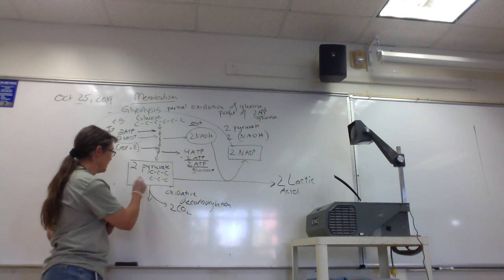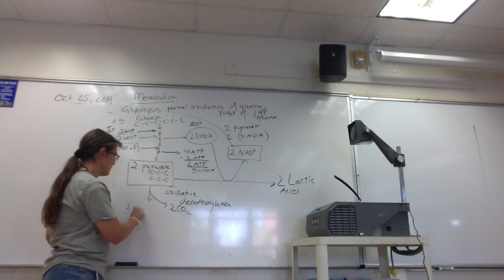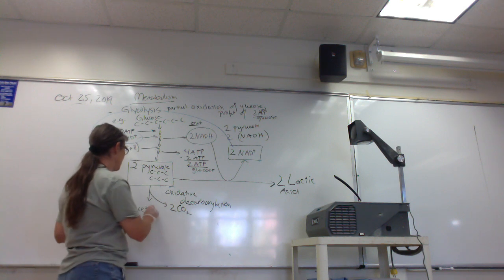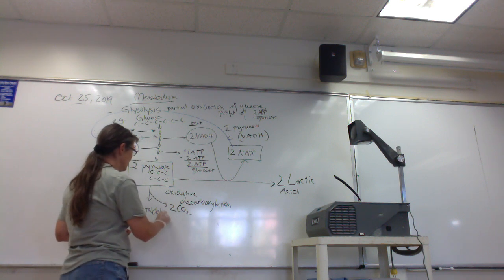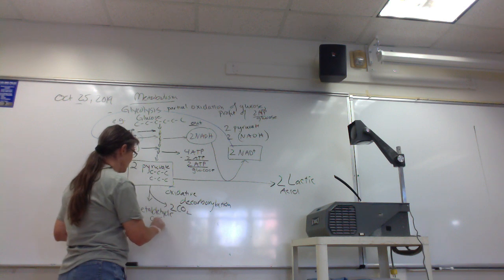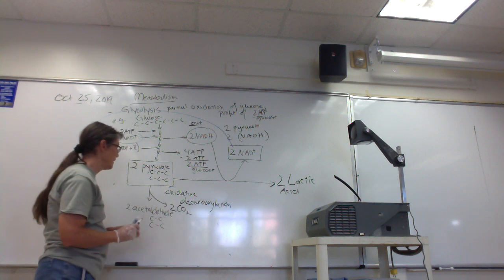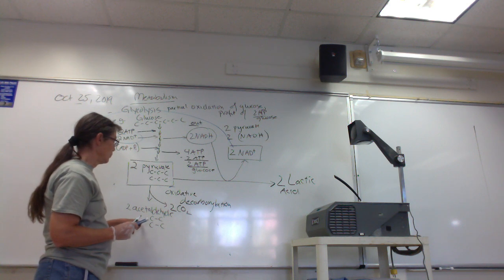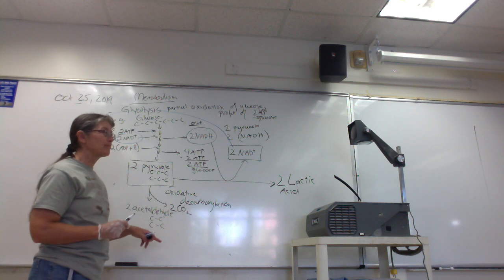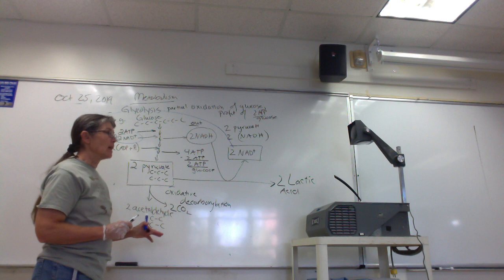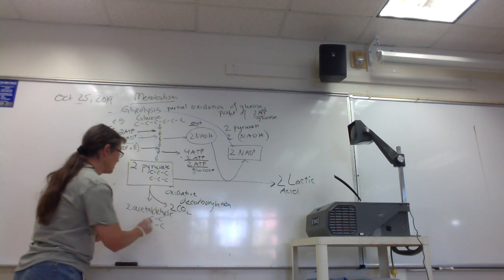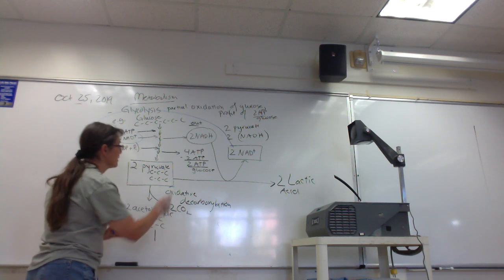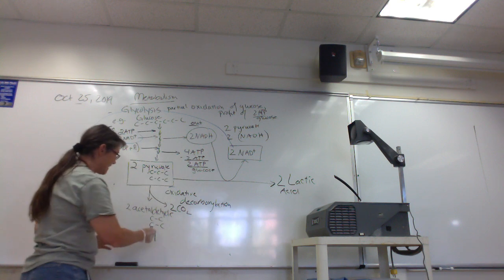And then the intermediate, folks, is called acetaldehyde. So this is a 2-carbon intermediate, and it's the acetaldehyde that will accept the electrons from NADH. I apologize because the way I'm doing my cartoon, it's like an LA freeway.